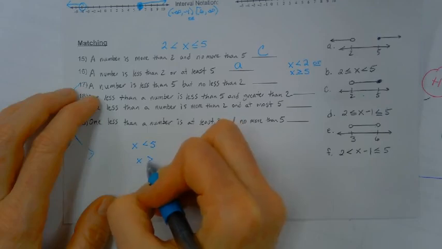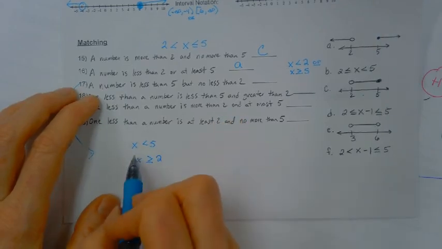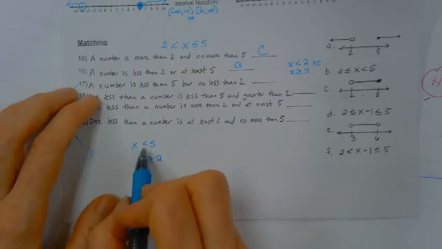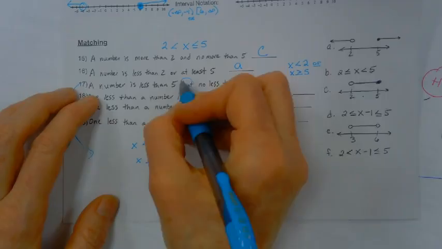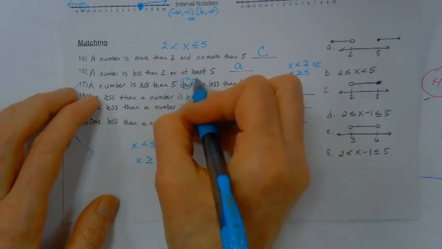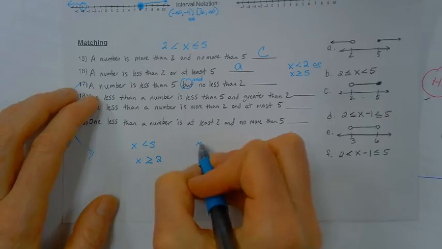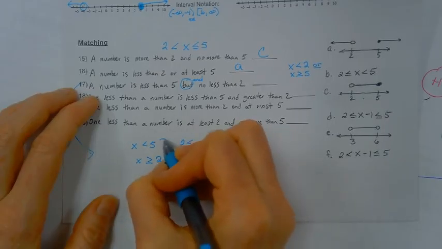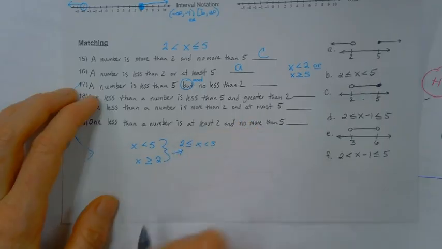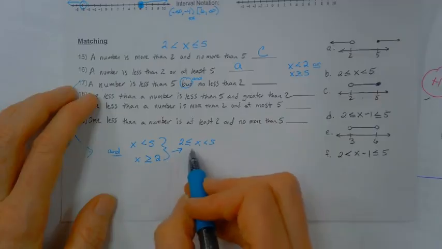All right, so how do we write this? x is less than 5, but greater than or equal to 2. This means and. So we're going to do it like this. I'm rewriting this to look like an and. Or you could just do it like this. But it matches this one, letter B.